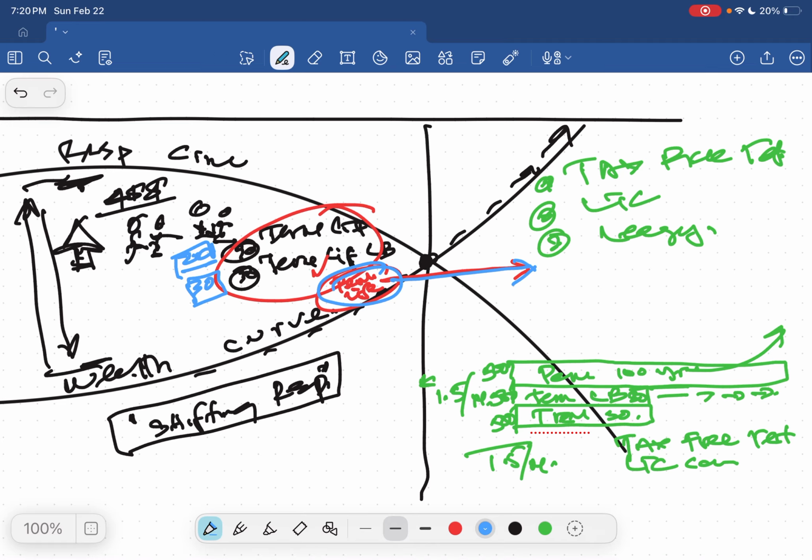And so really the way to look at it is that the combination of A, B, and C here, term 20 or term 30 and permanent 100 years, solves basically everything. It solves this problem here, and it solves this problem as we get later on in years. Does that make sense?